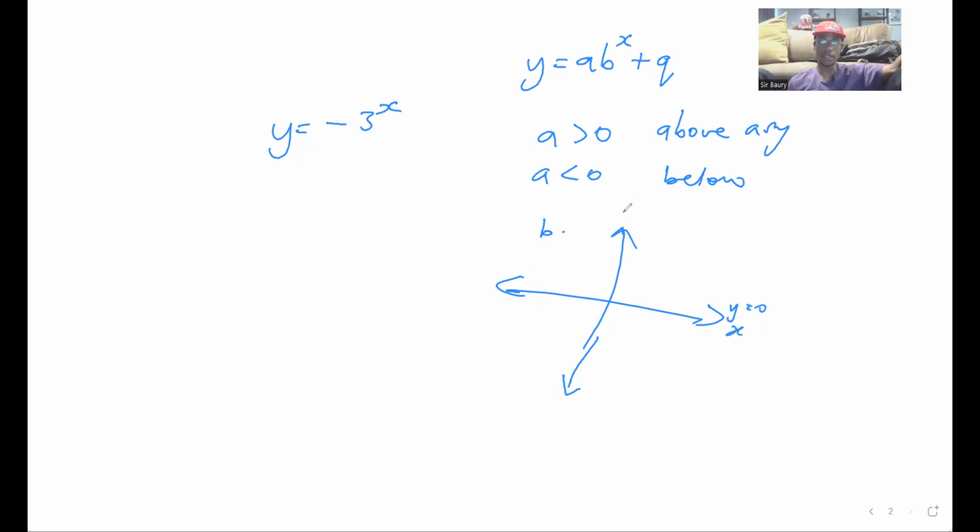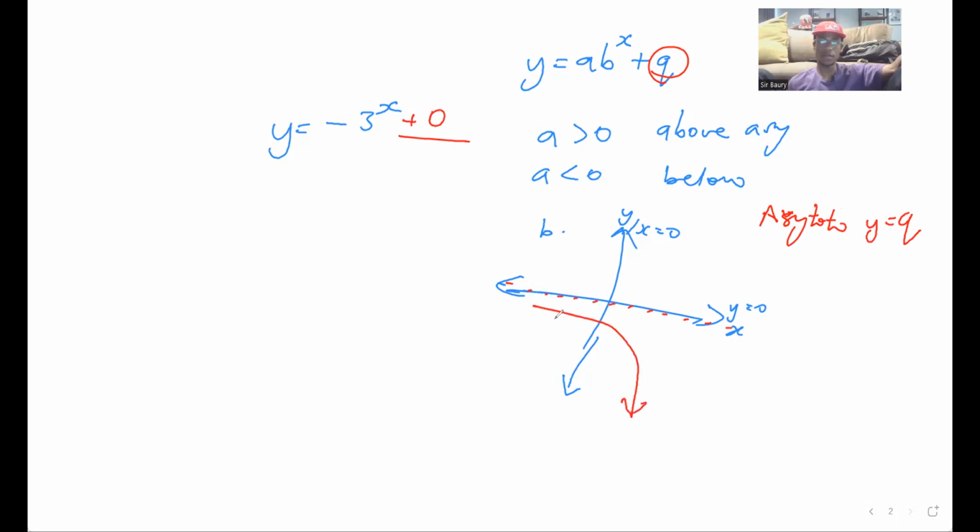Here's the x-axis. Here's the y-axis. So x is equal to 0. So my asymptote is here, which is where y is equal to q. In this case, here is q. The function is a decreasing function.